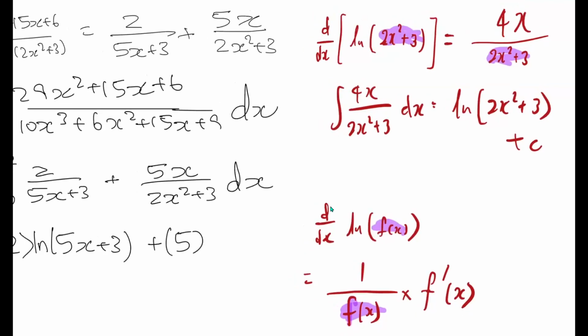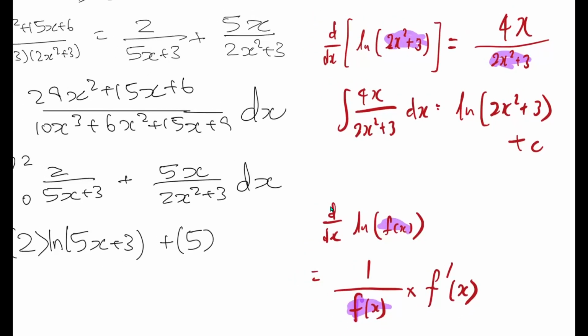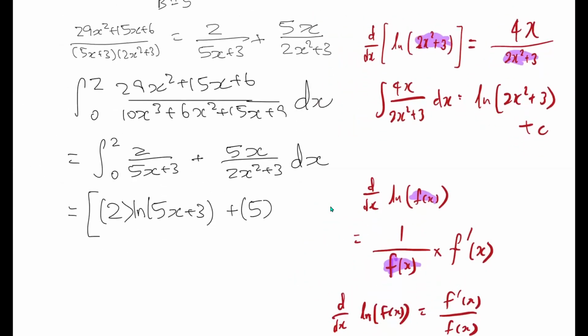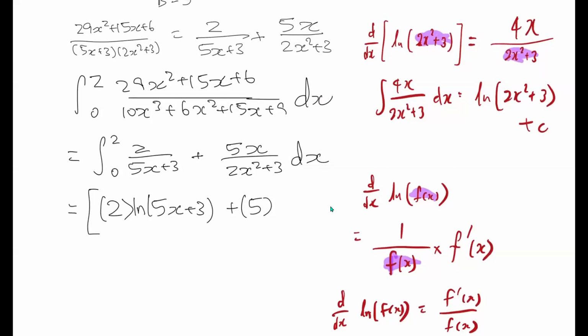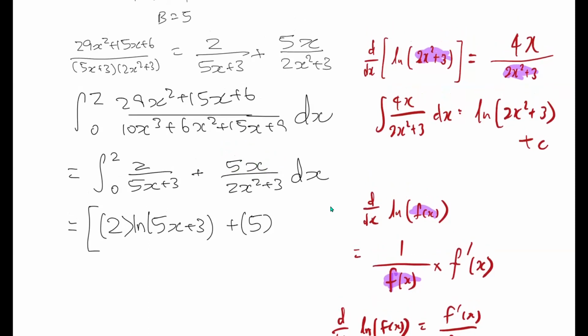So over here, what's the derivative of 2x squared? 4x. So over here, we got a 5x. That means that we are slightly off. How do you get the answer to the integral of 5x over 2x squared plus 3 now?